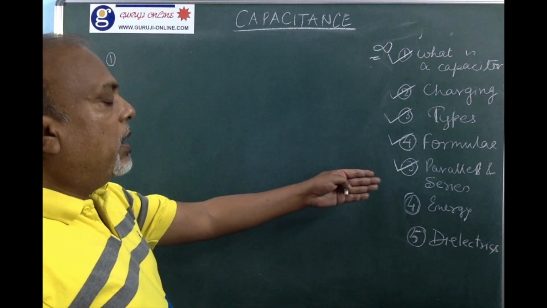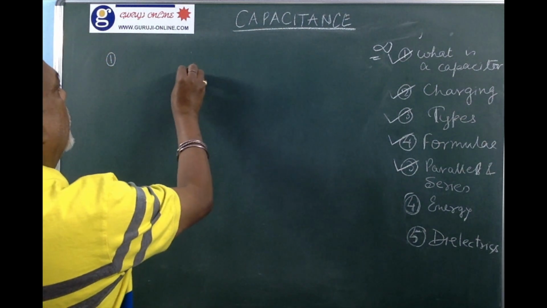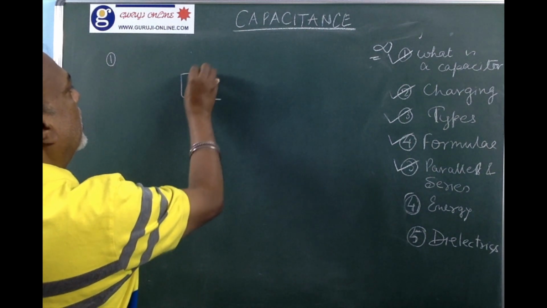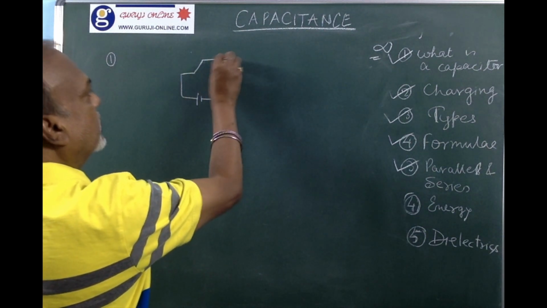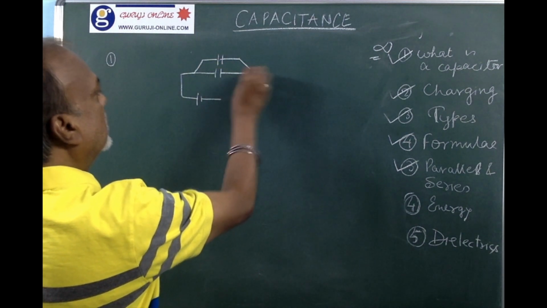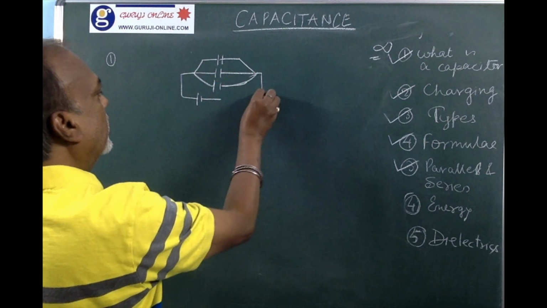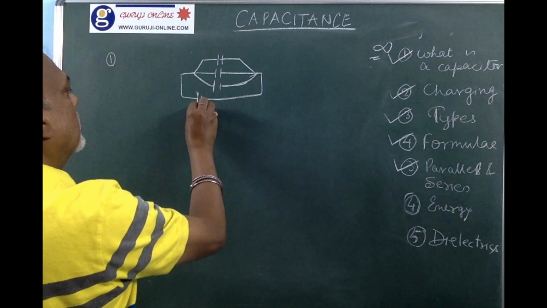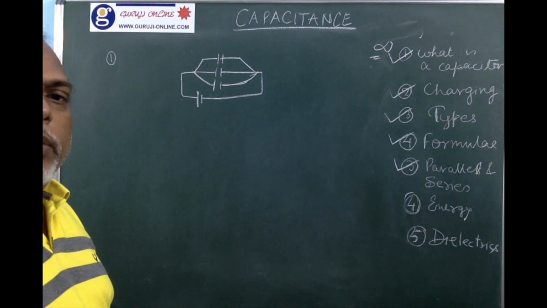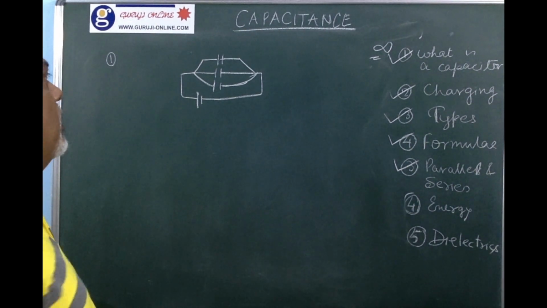Now we will see parallel and series capacitors. In this case, you have a circuit with one capacitor like this, another capacitor like this, and a third capacitor like this, and these capacitors are joined in parallel.